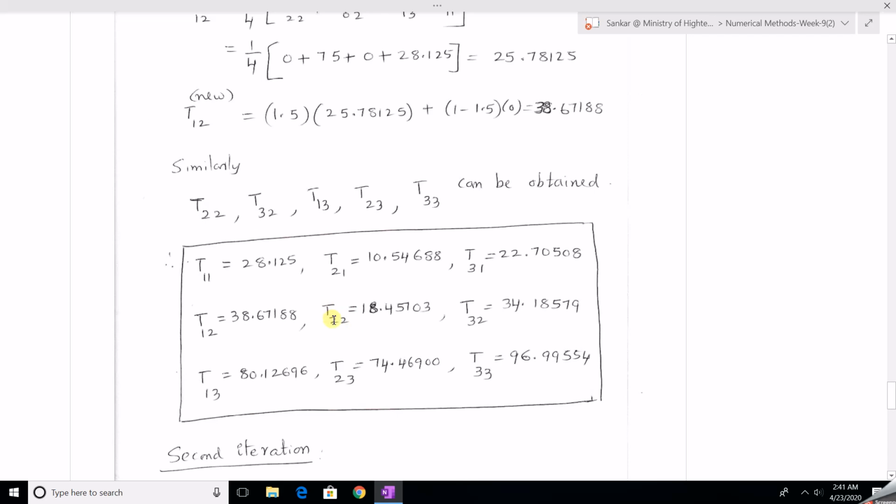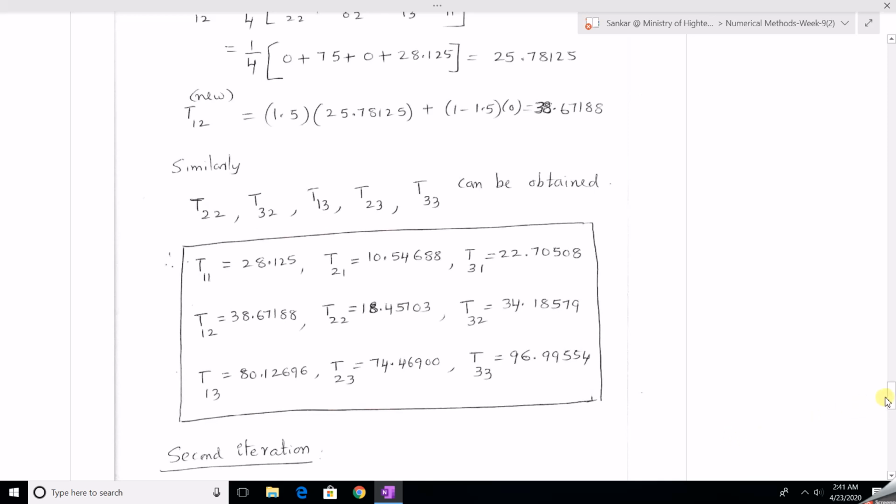These are the values at T22, the temperature at the 22 point, at 32, at 13, 23 and 33. So these are all the values. You can verify these values. This is about the values after the first iteration.